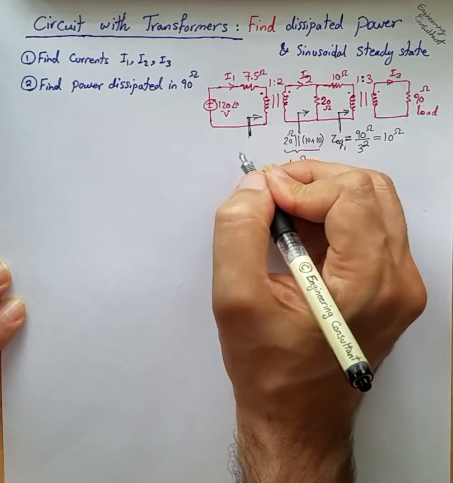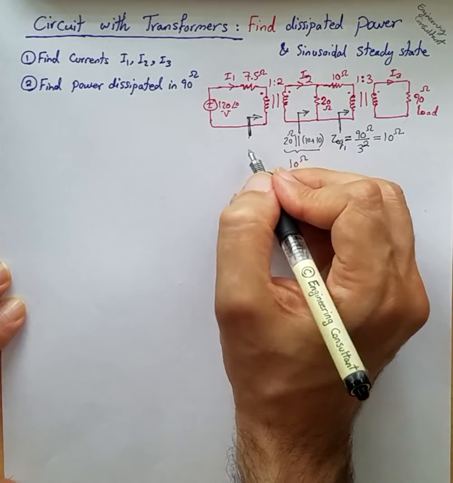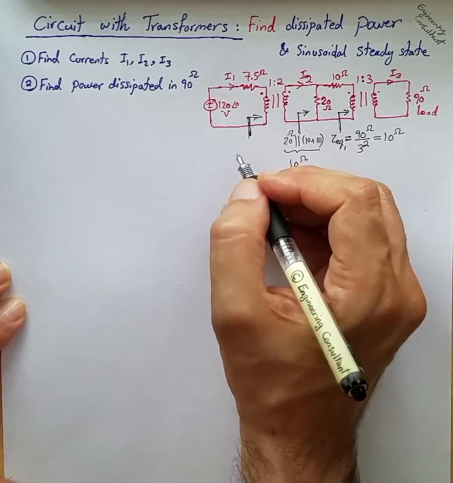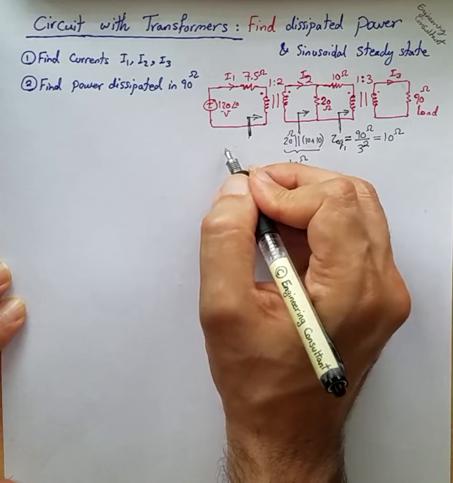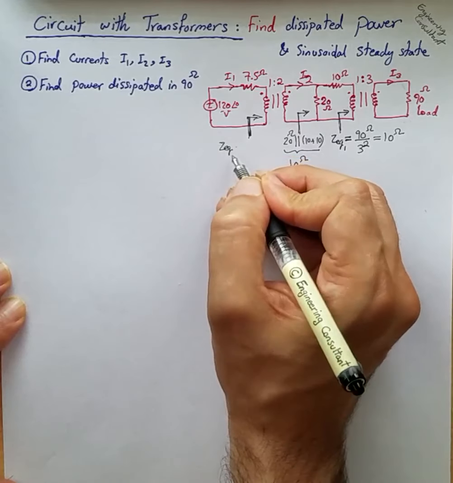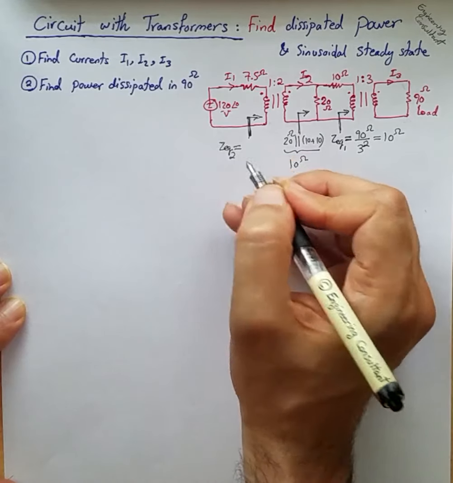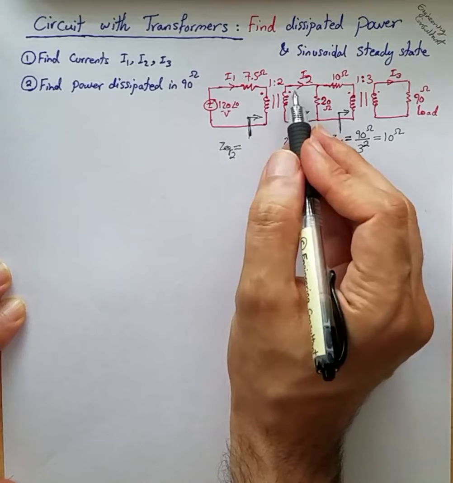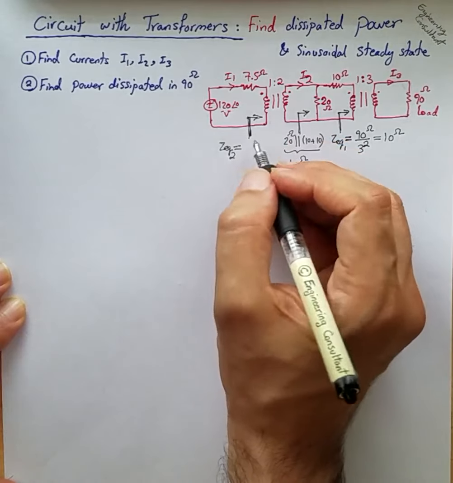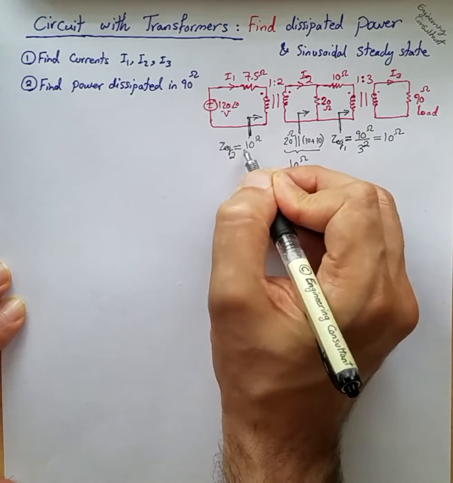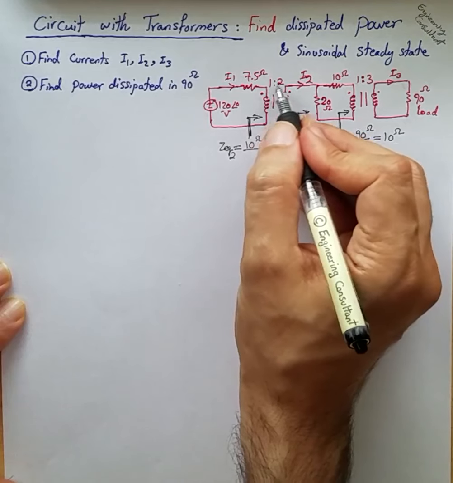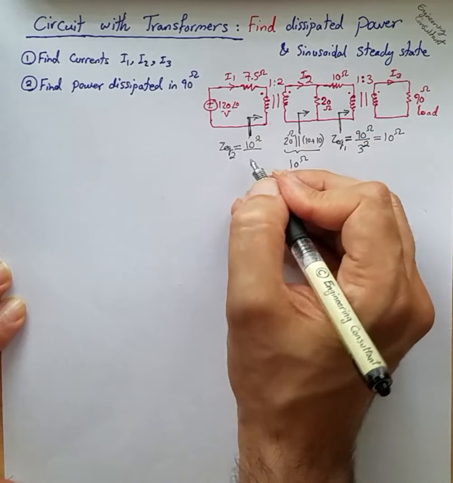Same idea, reflecting that, transferring that impedance to the left hand side of this transformer, we will have equivalent impedance 2. The total on the right hand side is 10 ohm, and since it's a 1 to 2 transformer, the ratio is 2.